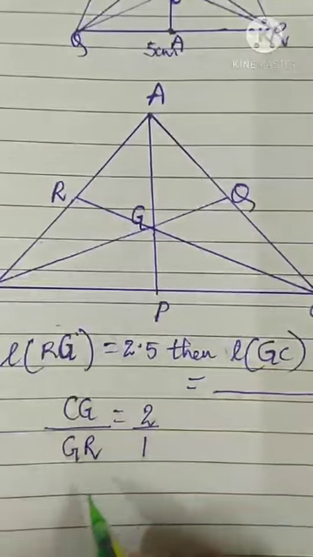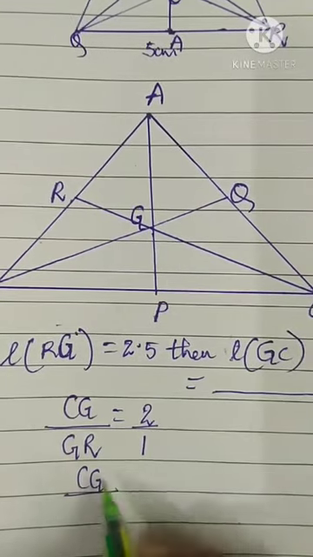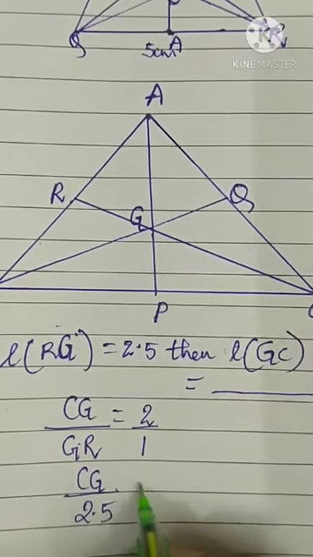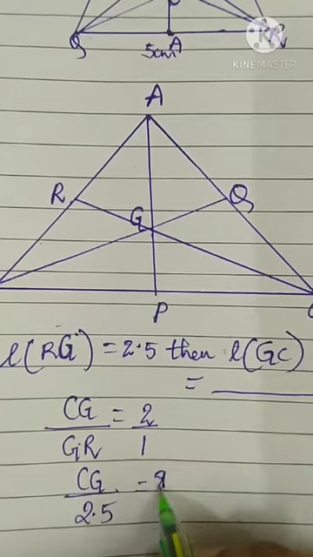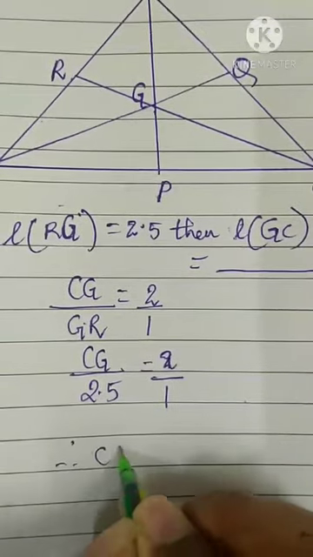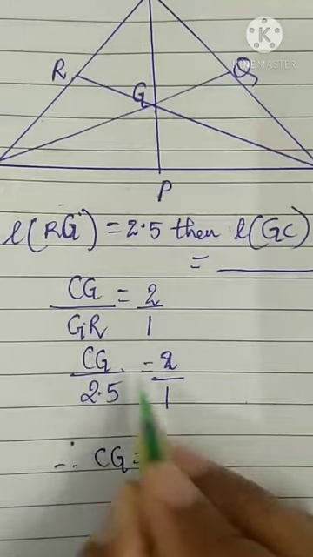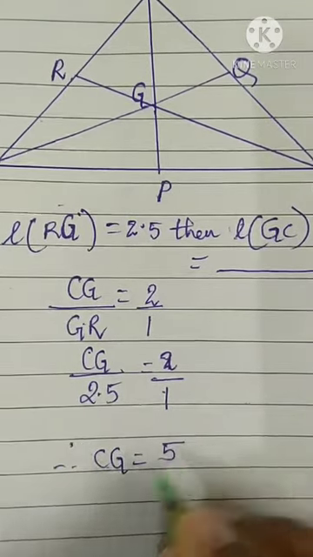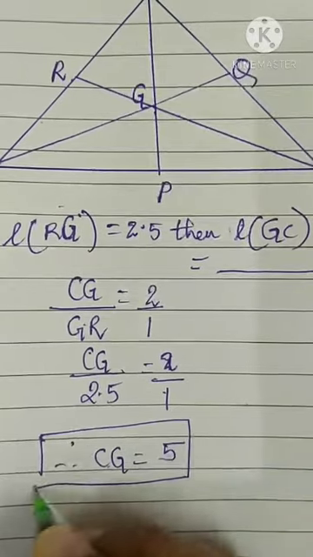So CG we don't know. GR is given as 2.5. So this is the relation 2 upon 1. So how much will be CG? Therefore CG into 1 is CG, 2.5 into 2 is 5. So CG will be 5.